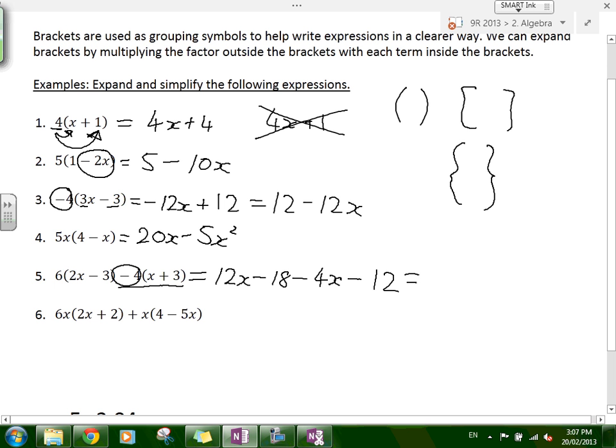Alright, so can you simplify this expression for me? Think about it. You've got minus 18 minus 12. You're starting at negative 18, you're moving down 12 spots.